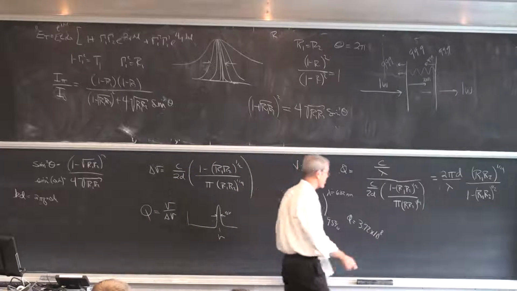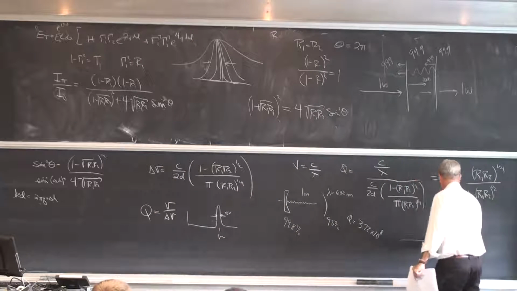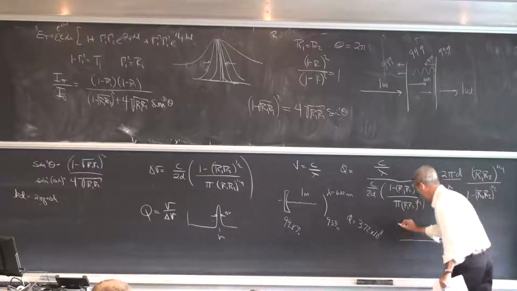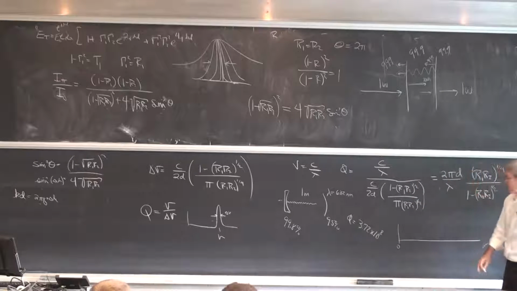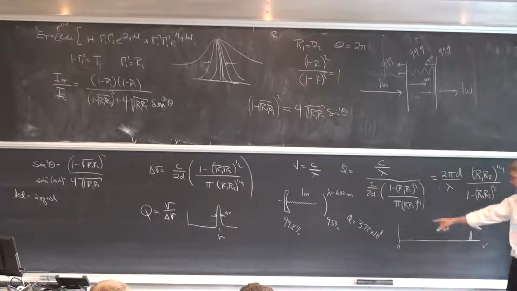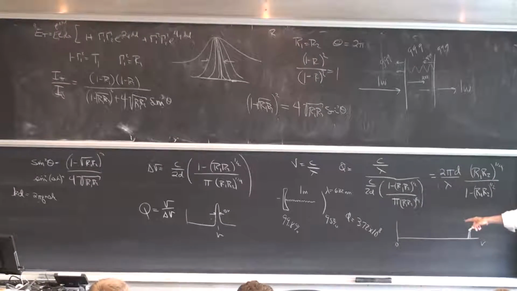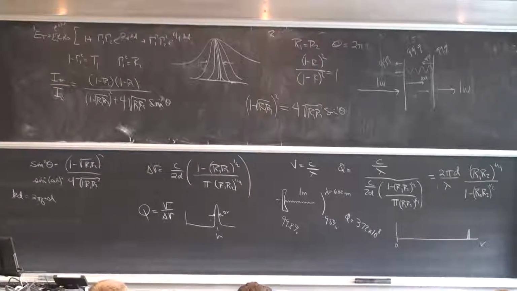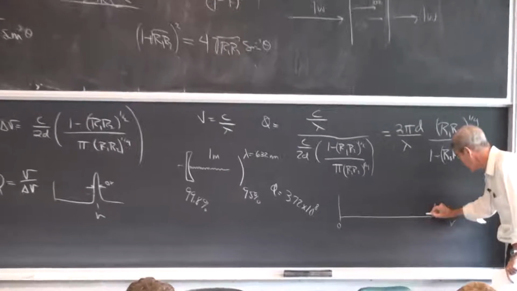If we looked at this thing in frequency space, here's frequency, here's 0. If I had a laser operating at 474 terahertz, and there was one transmission peak there, then I would literally have a Q of 3 times 10 to the 8th. But in fact, I also have a resonance here, and here, and here, and here.